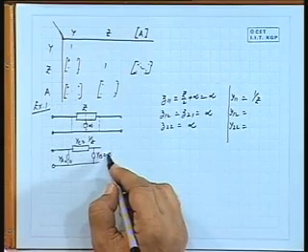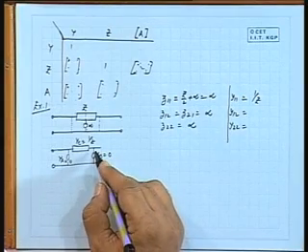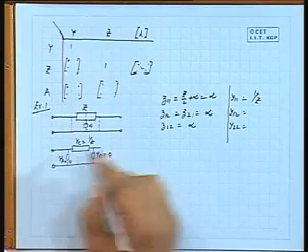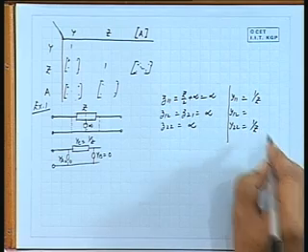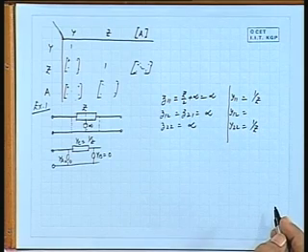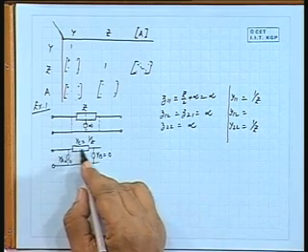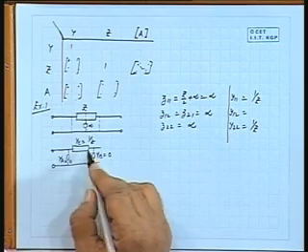So, how much will be Y11? YA plus YC, that is 0 plus 1 by Z. So, this is 1 by Z. Similarly, Y22 will be 0 plus 1 by Z. And Y12 is minus 1 by Z.